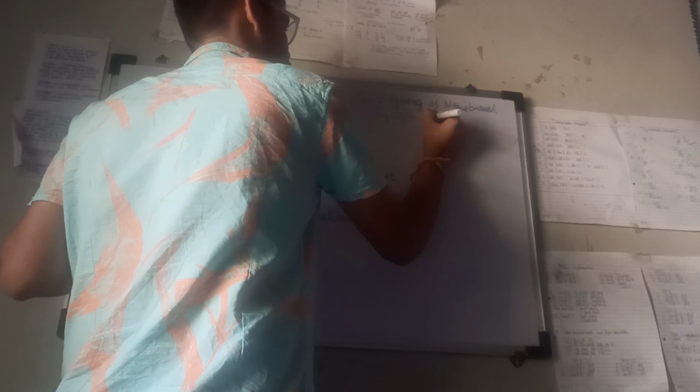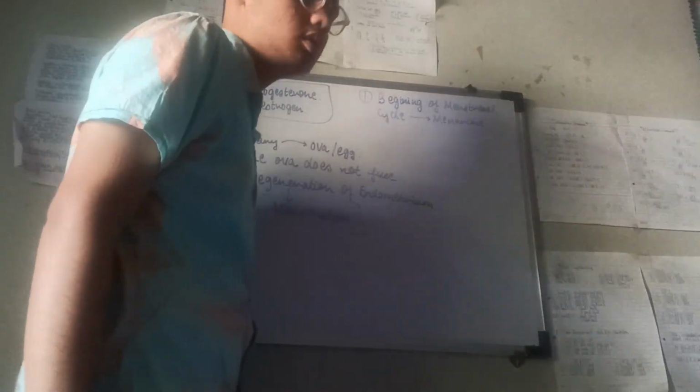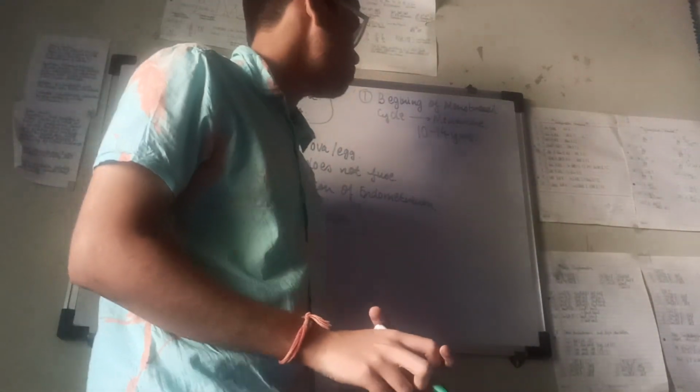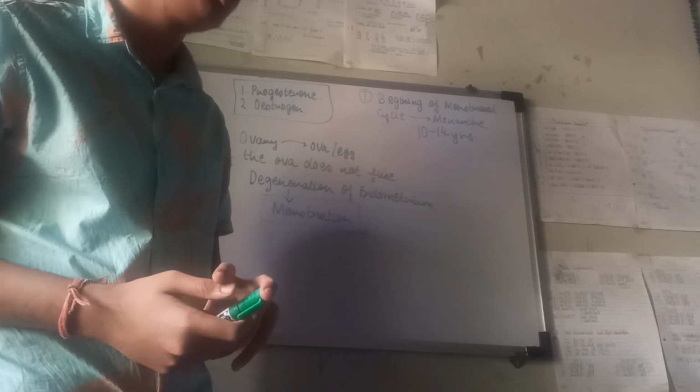The expected time is 10 to 14 years, in young females. The menstrual cycle begins at this age, expectedly at the age of 12. Expected, I am telling you.